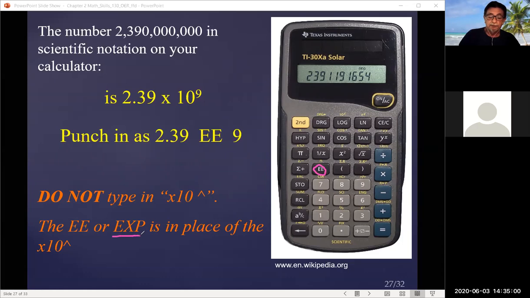You might have an EXP button. Okay. Also, in this example here, the function is a primary function, but your scientific notation may be a secondary function. So take a look carefully. Okay. The newer calculators have a button that says x10 to some power x.